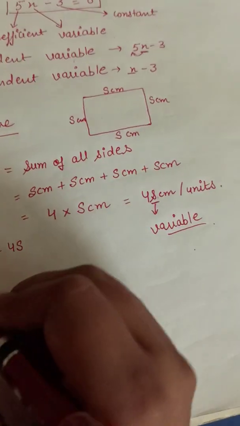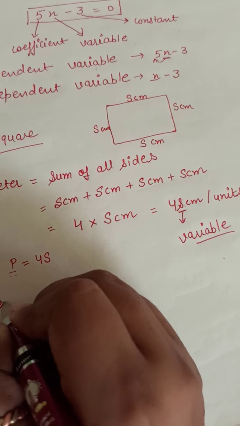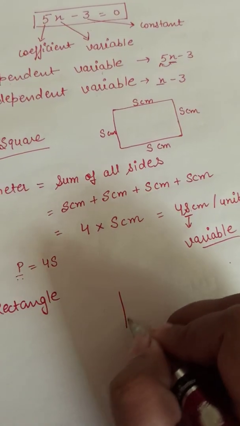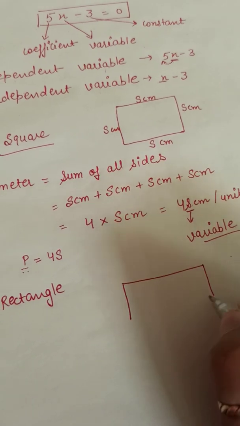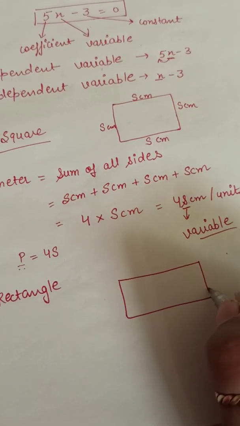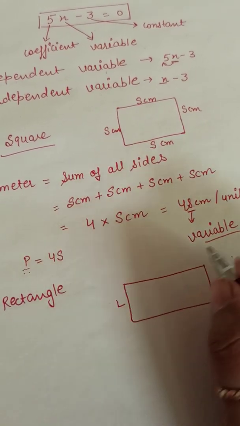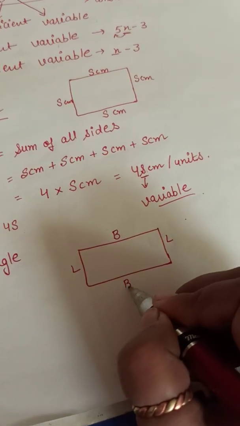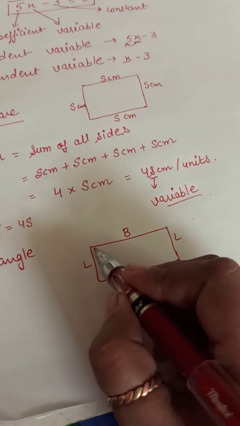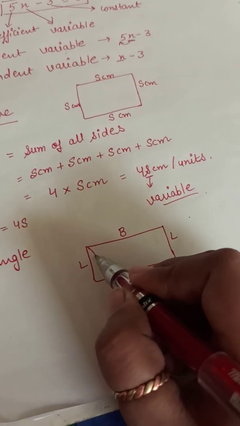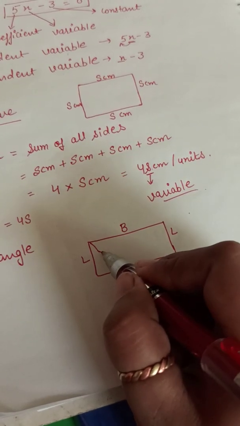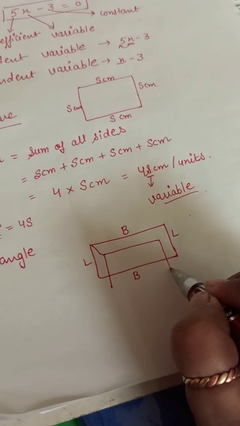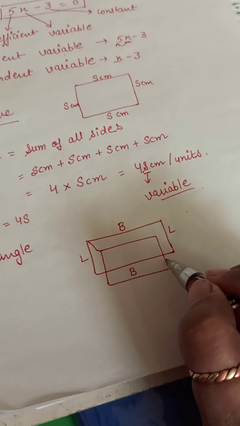Same in the rectangle. Now see, this will be the length and this will be the breadth, right? When you take it like this, it will come in 3D form. So here you will not find the area.